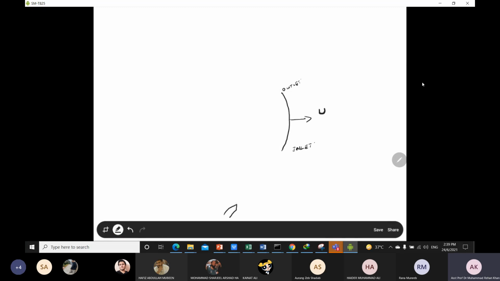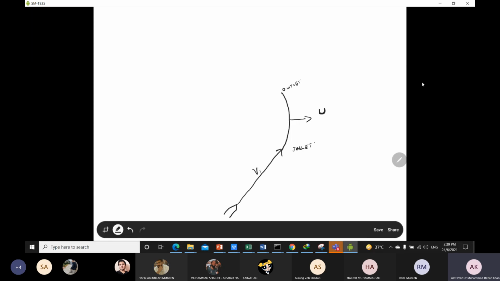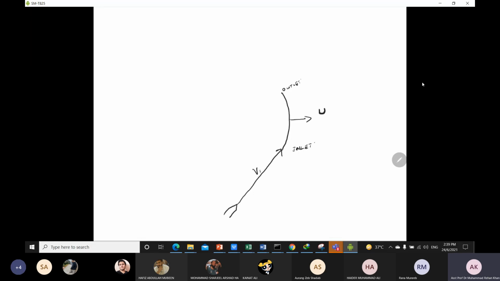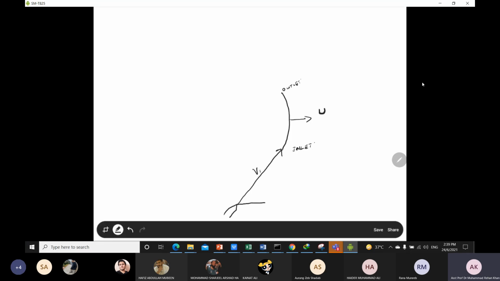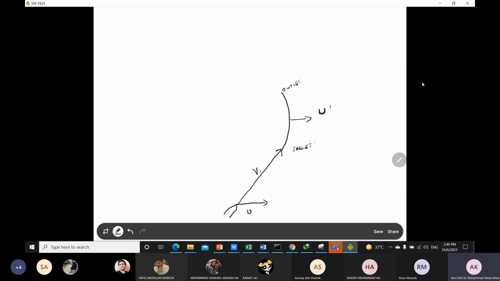Now we assume that from the nozzle the steam comes out with some velocity, the absolute velocity, and this velocity is V1. Now here we have another component. This component is the same as the velocity u, because the blade is moving with some velocity, so this component you can call u. So this u and u are the same.